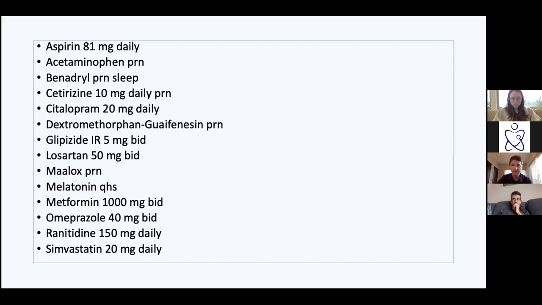Does anybody have thoughts on the losartan? Her blood pressure was like 100. Izzy says at least reduce the dose, mostly long-term benefits. Yeah.